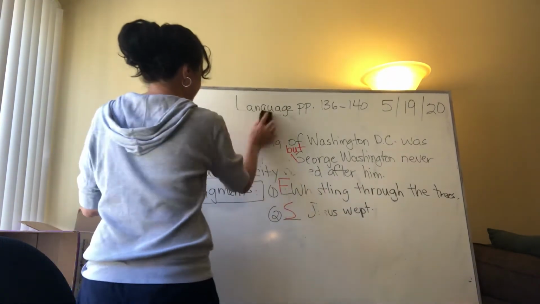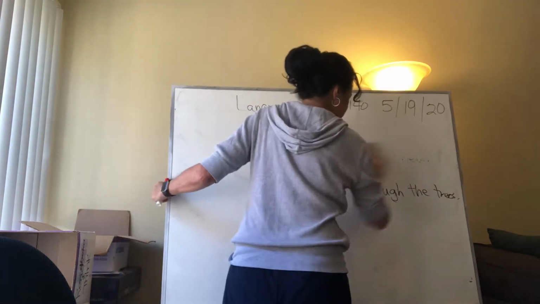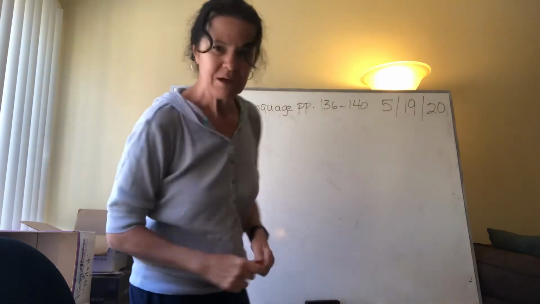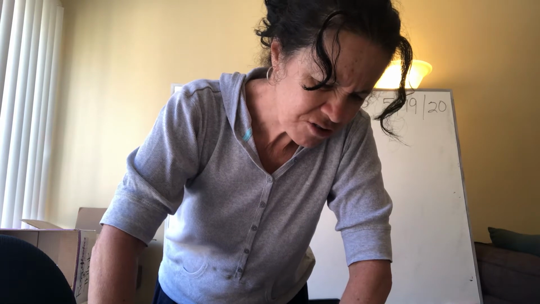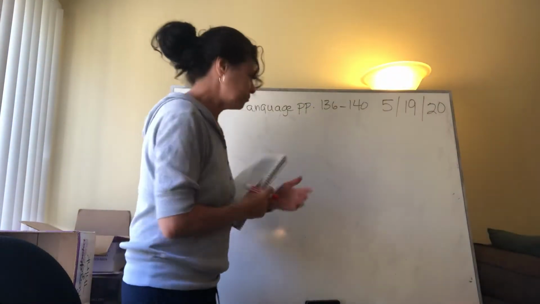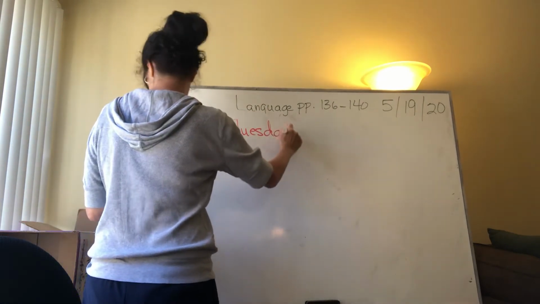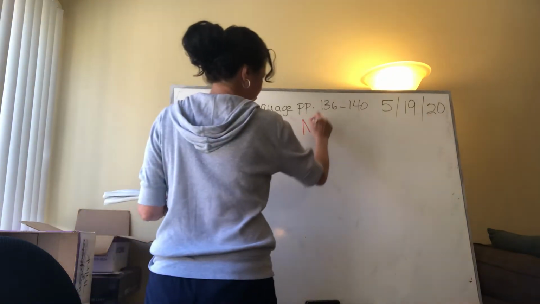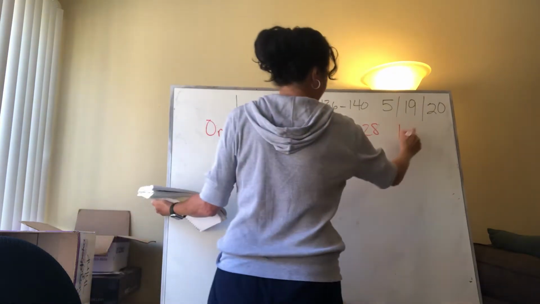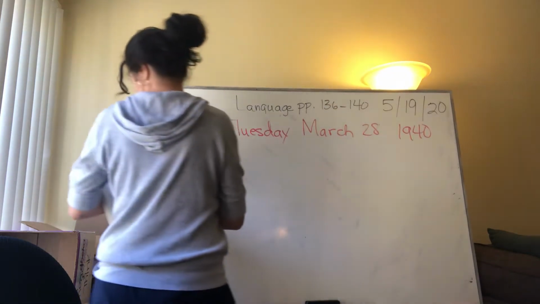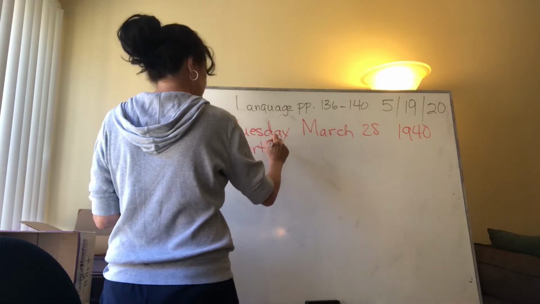So let me give you some examples. All right, so it says, on Tuesday, let me write it here. On Tuesday, March 28th, 1940, in Hartford, Connecticut.